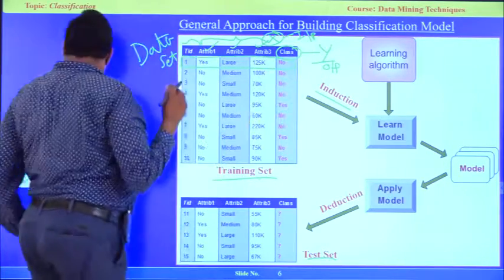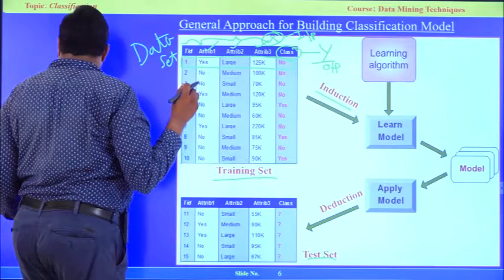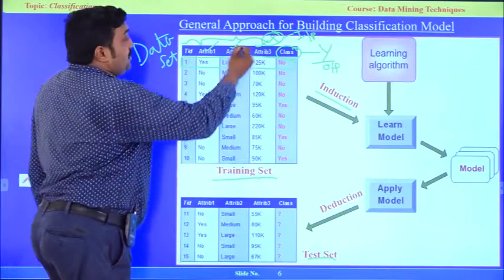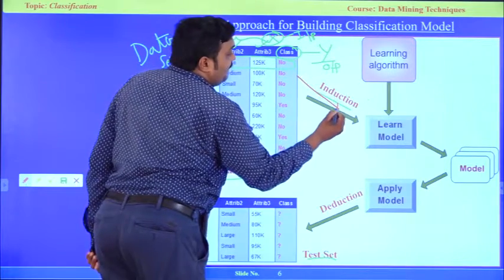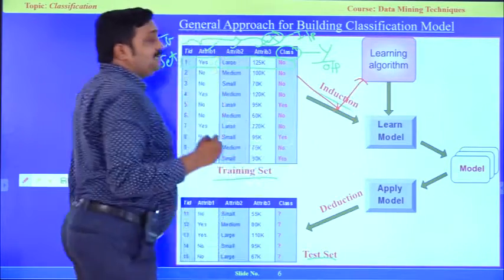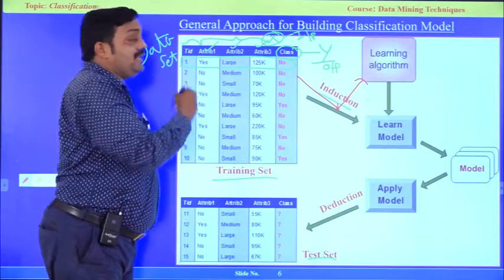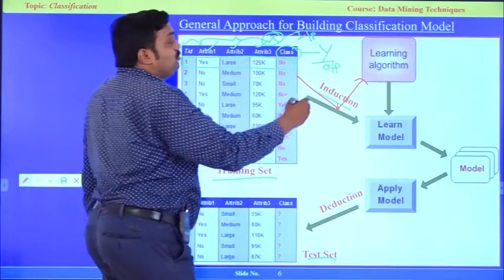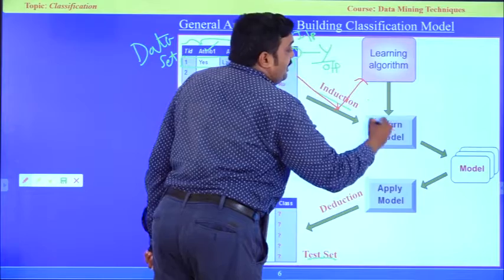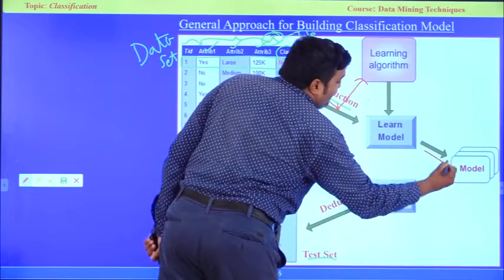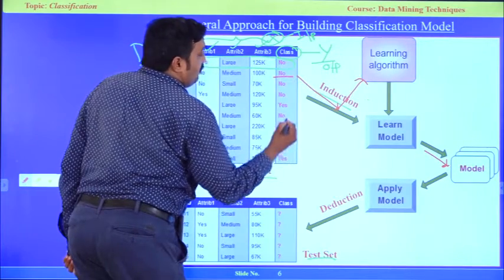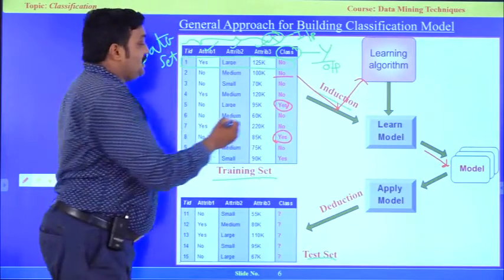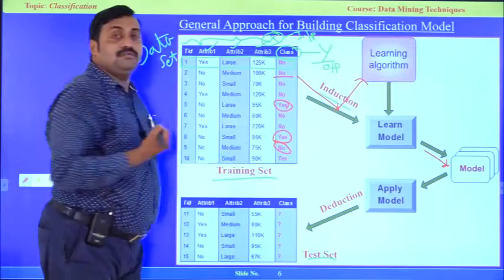Okay. Now what we are going to do is, based on your data, learn the model in such a way that whenever we give any record, we can say what class it is, whether it is S class or no class.